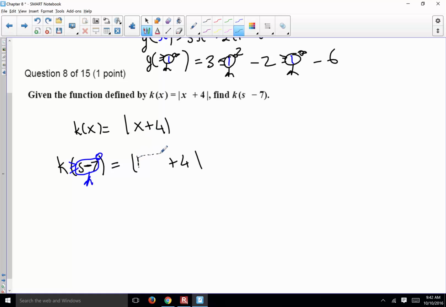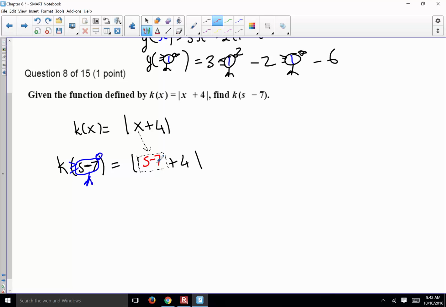X is no longer visible in parentheses. It's gone. What comes in place then? Whatever you see between these two parentheses, even if a turkey shows up, you put turkey here, but it's not turkey. This time it's s minus 7. That's your turkey.